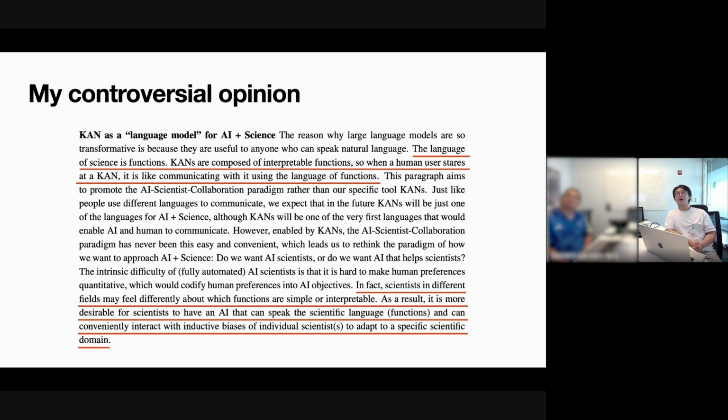But when we care about science, the language of science is not natural language. It's more about math, more about mathematical formulas, or more concretely, functions. And because KANs are composed of 1D functions which are interpretable, when a human user stares at a KAN, it's like communicating with it using the language of functions.